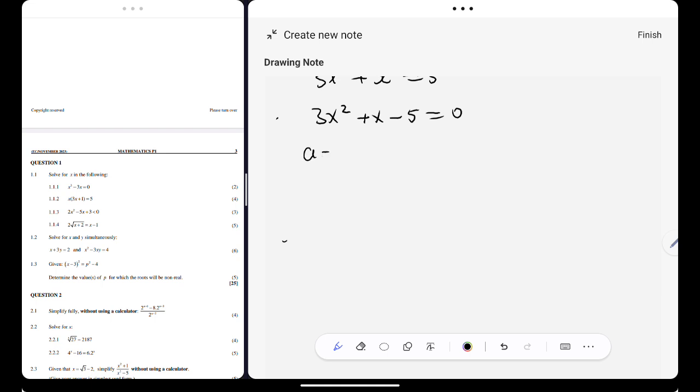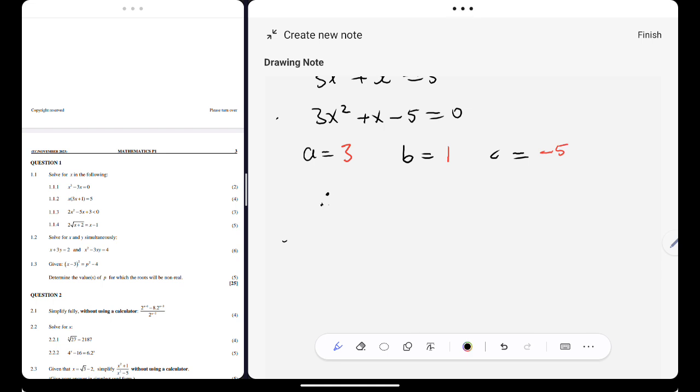I know that for me to use the quadratic formula, I must know the value of a, b, and c. The value of a is anything in front of x squared, that is 3. The value of b is anything in front of x, and the value of c is anything that doesn't have x.